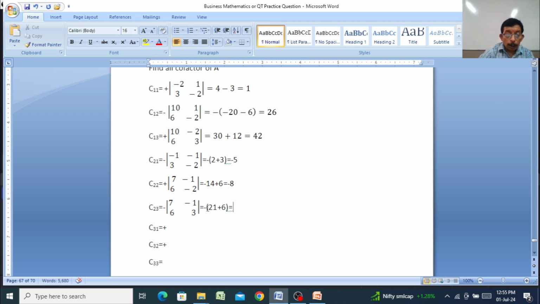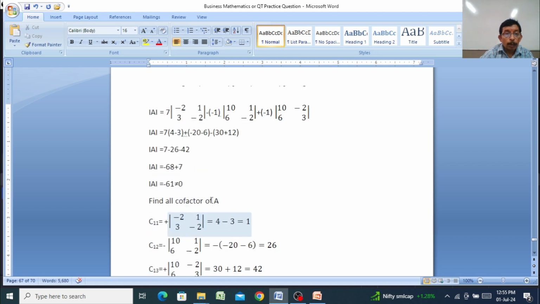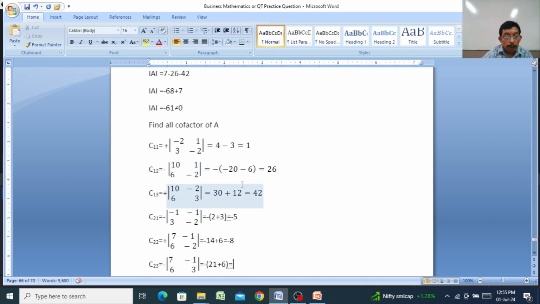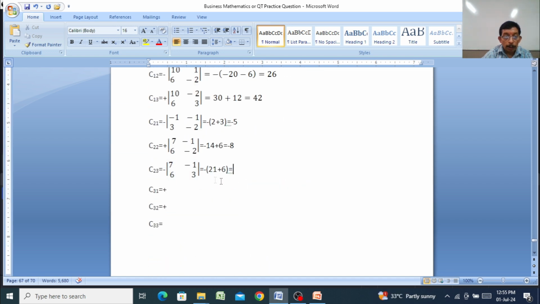Is it clear? Now C23, second row third column: 7 minus 1, 6 3. Now 7 times 3 is 21, minus minus plus 6, then the value becomes 27 minus 27.